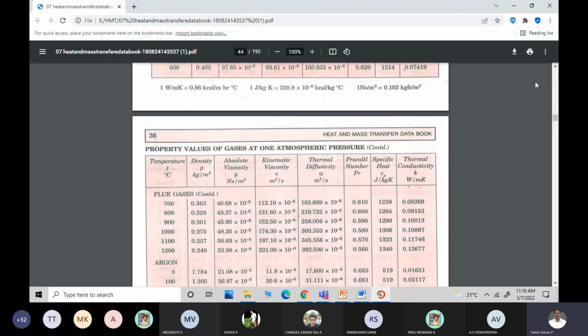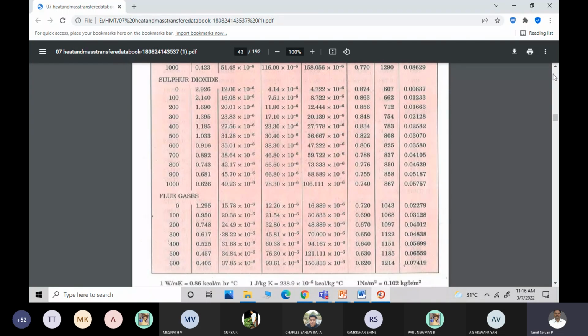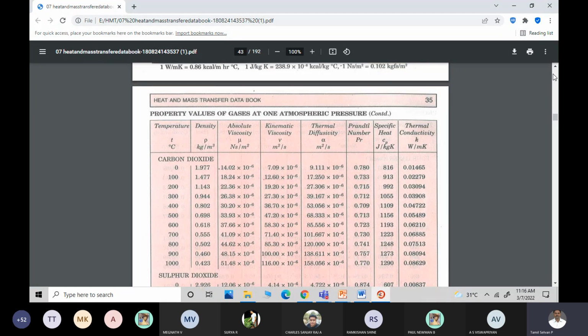If flue gases, argon, sulfur dioxide or carbon dioxide is given, then you should take the value. The nu value is the kinematic viscosity, and mu is the absolute viscosity. So you have to take the nu value only: kinematic viscosity, alpha, and Prandtl number.